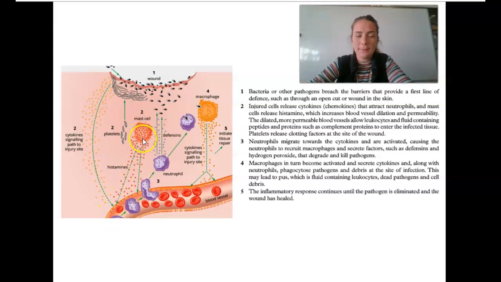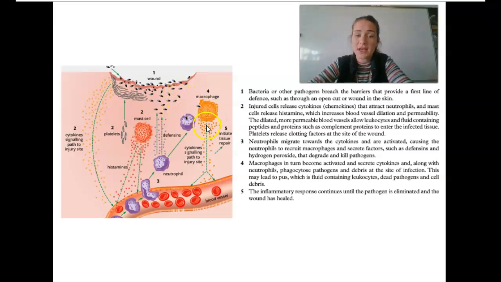Okay, so our mast cells have released their histamine. From the bloodstream now, we have neutrophils migrate. Neutrophils are phagocytes and will begin digesting these bacterial invaders. As part of the histamine's role, it's also attracting macrophages to the site of infection. So both macrophages and neutrophils are working to digest and get rid of that bacteria.